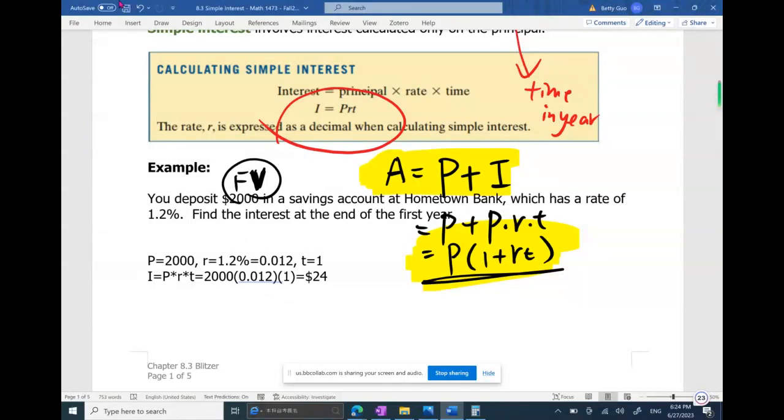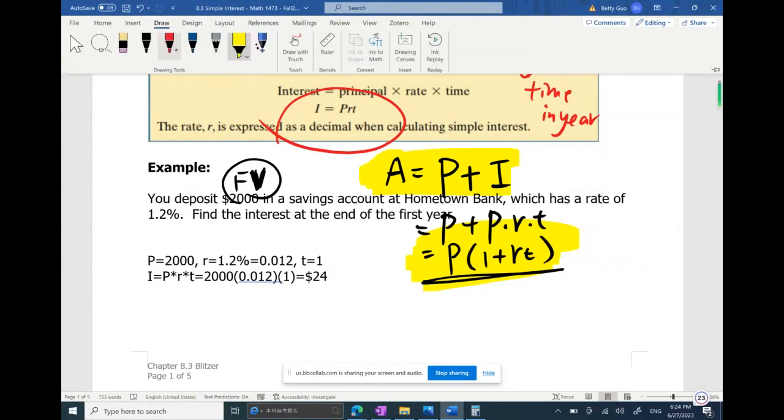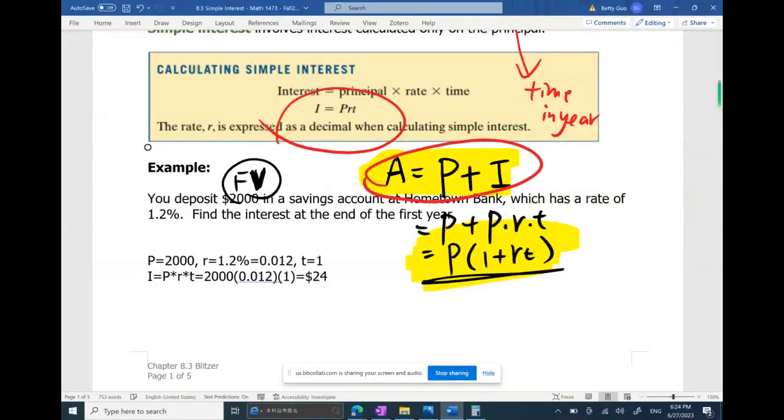So A, the future value of the loan, is the sum of the principal and the interest. Just remember that. Remember I said once you understand, you will remember. Unless you don't really understand, then you do not remember.